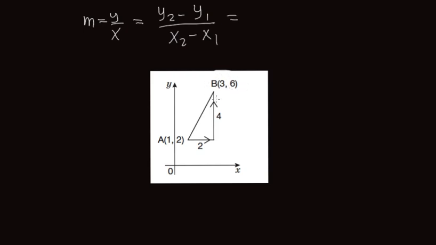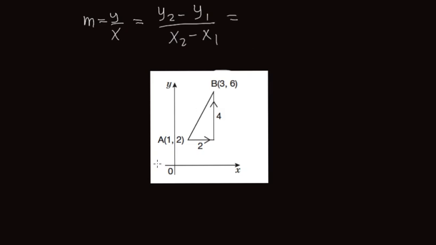And otherwise, if you choose B for x1 and y1, then point A is x2 and y2. The two choices you make, as number 1 or 2, are supposed to give the same result.